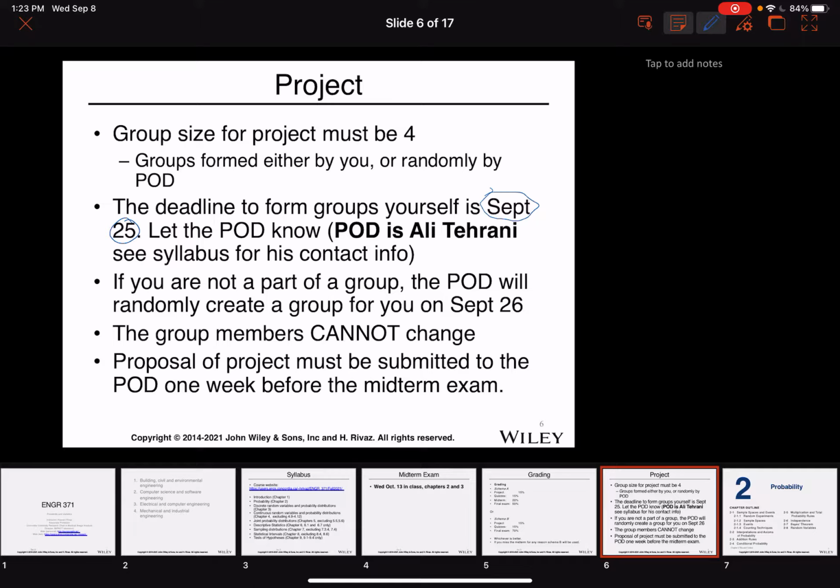Other questions? What is the time for the actual project due? Very good question. If I had a chocolate, I would throw one for you. It's in the syllabus. Honestly, I don't remember. I think it's the last day of the class.